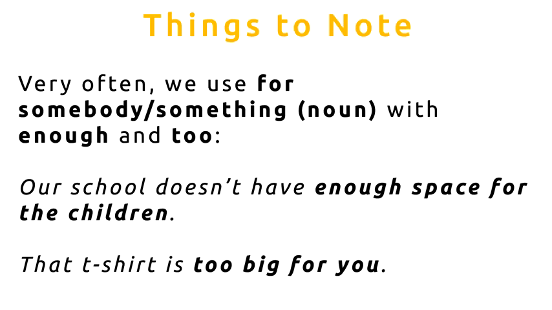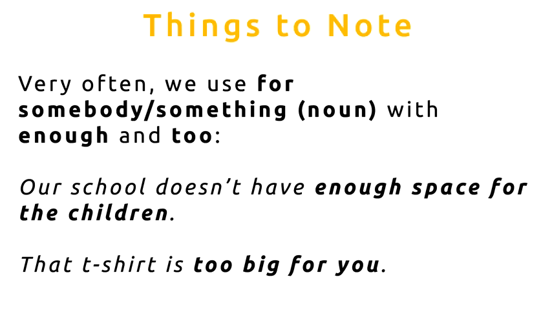Here's the next thing that we have to note. Very often we use for somebody or for something, which is a noun, with enough and too. So look at this example using enough. Our school doesn't have enough space for the children.